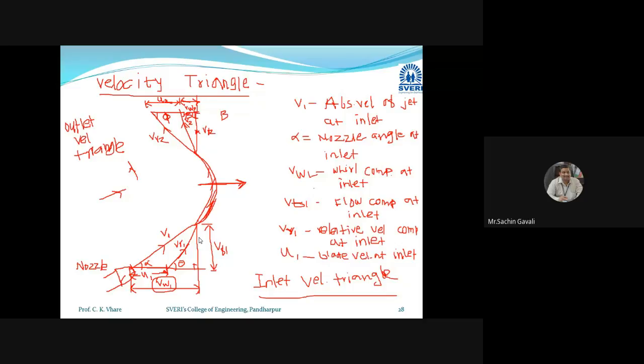In steam turbine also we have gone through this. Anybody other than SOAS? Nomenclature will be different only. V2 is the absolute velocity of jet at outlet. Alpha, beta: nozzle angle or blade angle. We can call it nozzle angle, or it is also called blade angle.